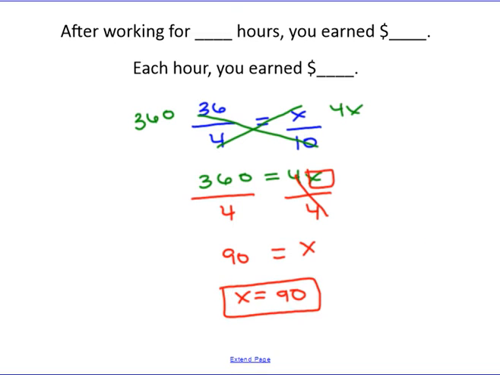But let's check our answer. 36 over 4 equals 90 over 10. Let me get my calculator here.